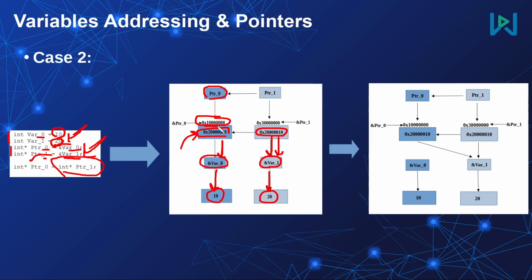So the memory location or address of our pointer will contain the address of variable number 0. Same thing for our pointer number 1: its memory location or address will contain the address of our variable number 1.